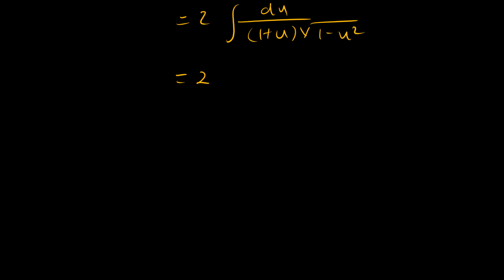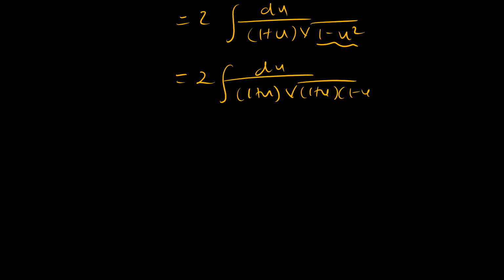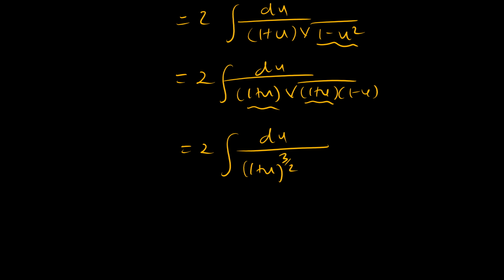And focusing on this part, we have 1 plus u times the square root of (1 plus u)(1 minus u), right? So I could bunch this part and this part, and we have (1 plus u) to the power 3 over 2, (1 minus u) to the power half.